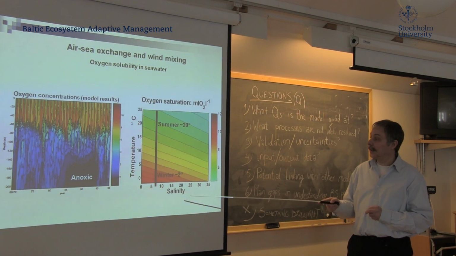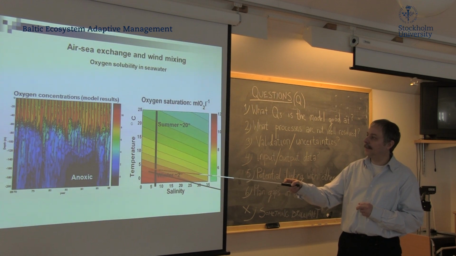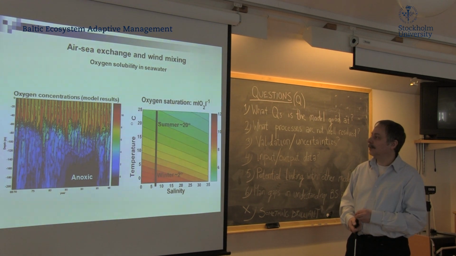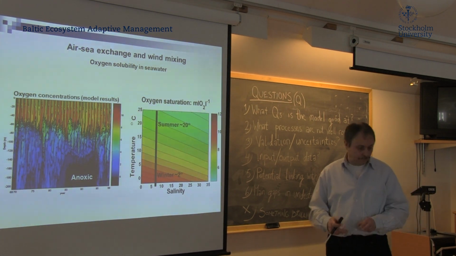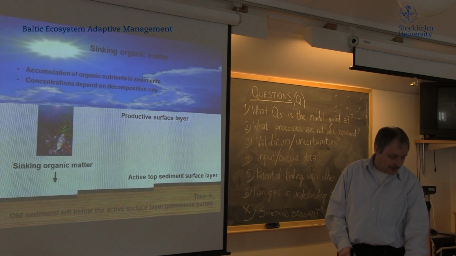Important is, and that I will come back to after lunch, the oxygen saturation concentration, which is temperature and salinity dependent. So if we have warmer water, then the oxygen saturation concentration is actually smaller. And that is actually important to understand the consequences in changing climate.